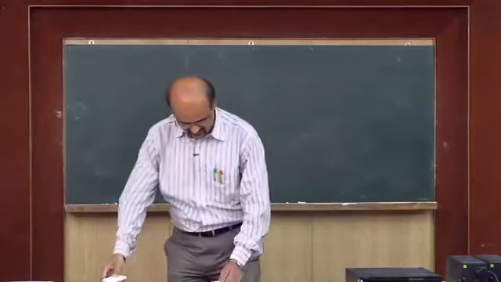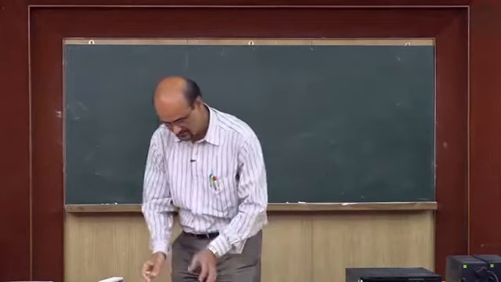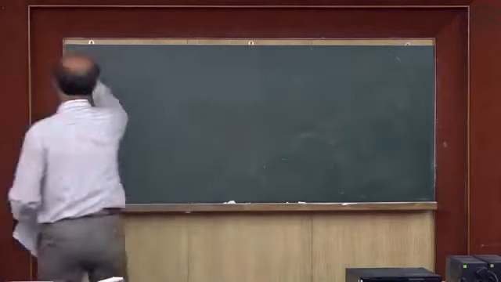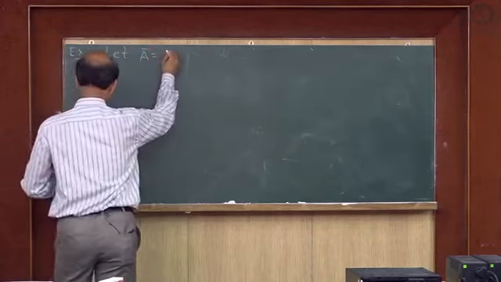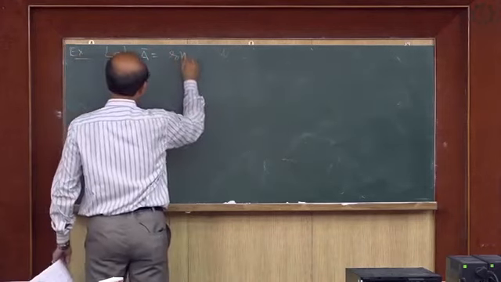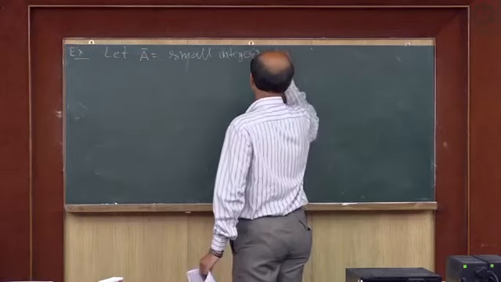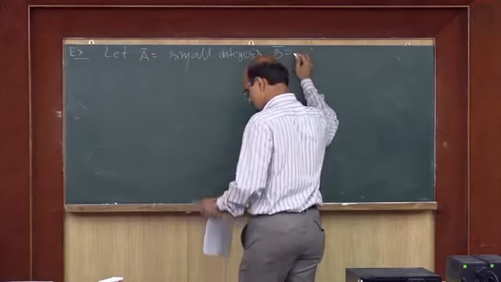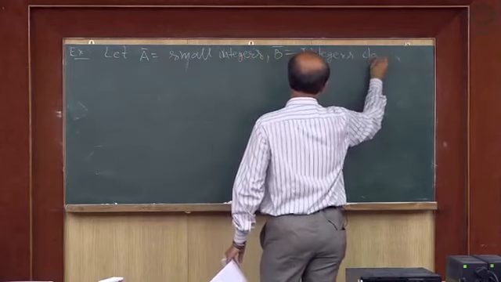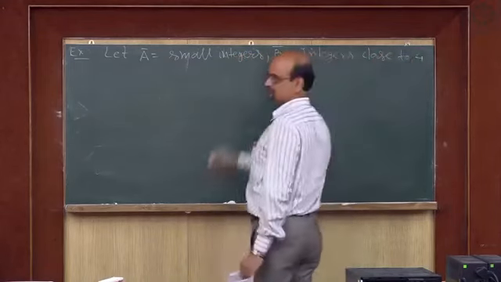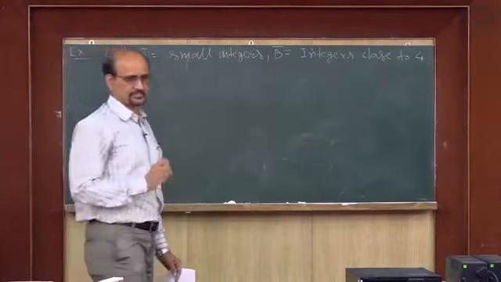So let us take the example: let your first type 2 fuzzy set A bar be small integers, and B bar be integers close to 4. These are two type 2 fuzzy sets.